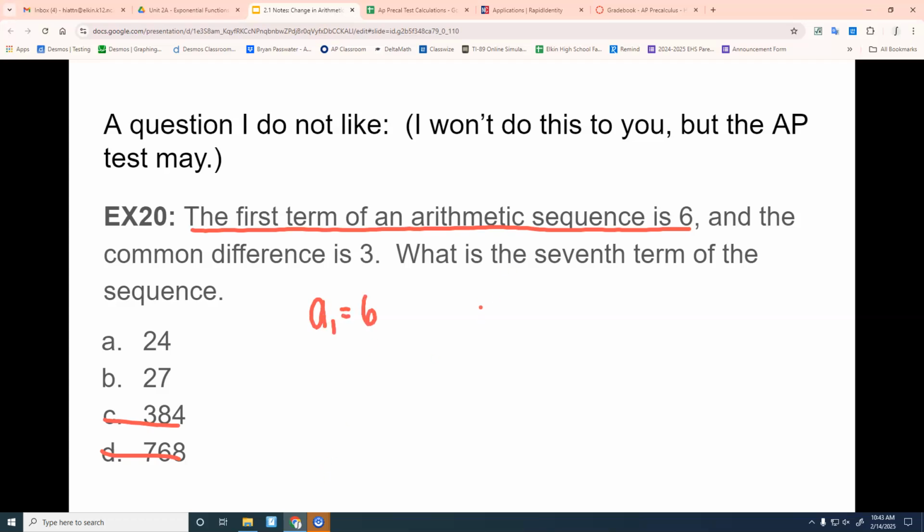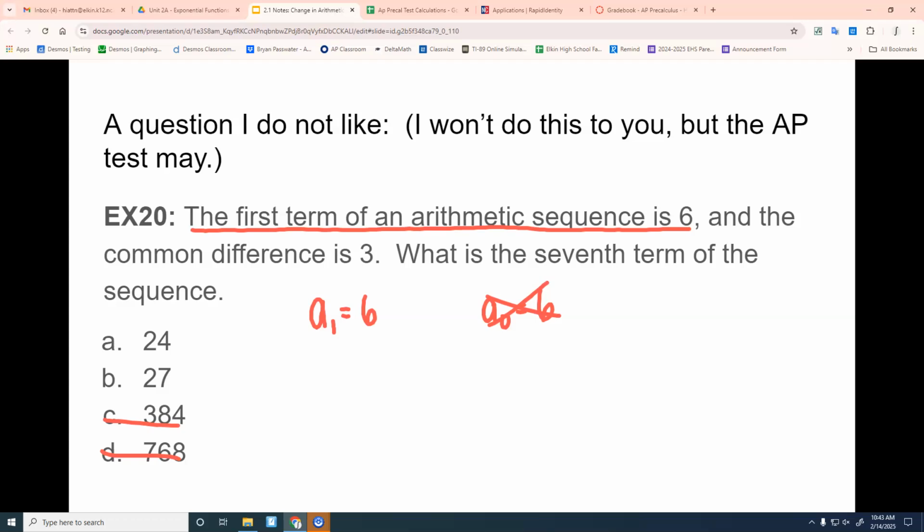But did some of you do A sub 0 equals 6? So it is supposed to be A sub 1 equals 6. A sub 0 is called your initial term, which is different from your first term.